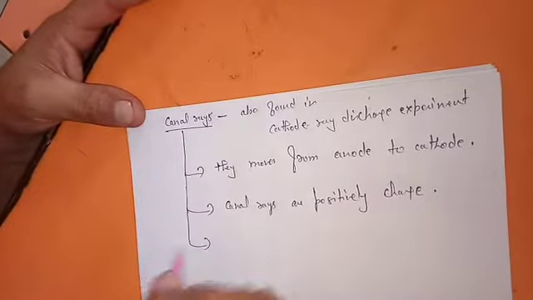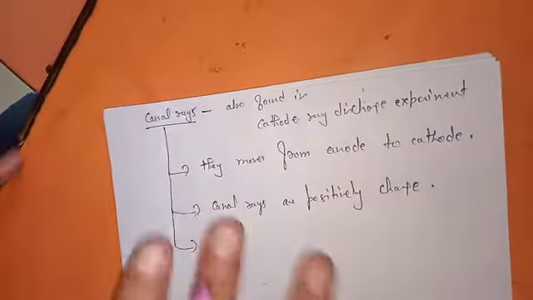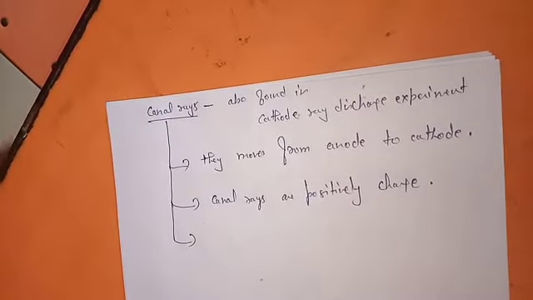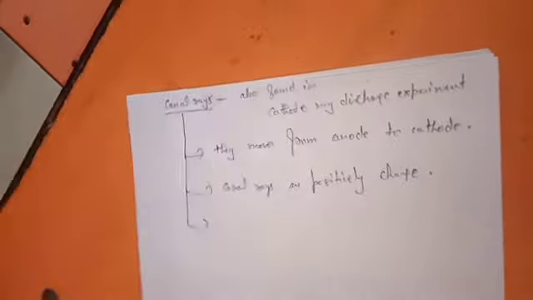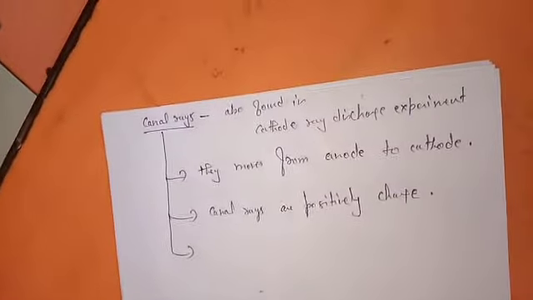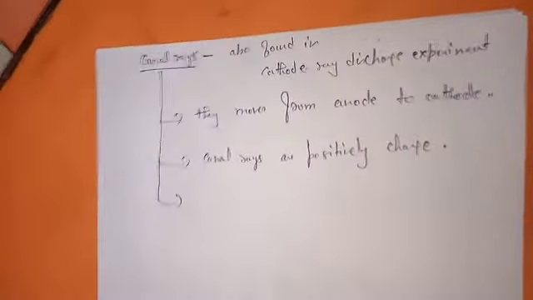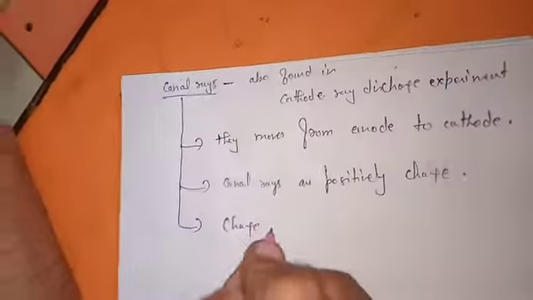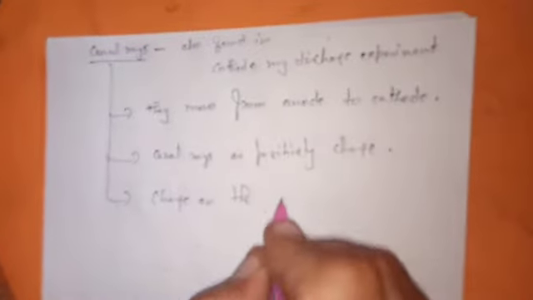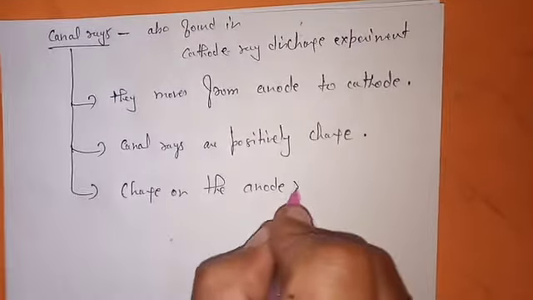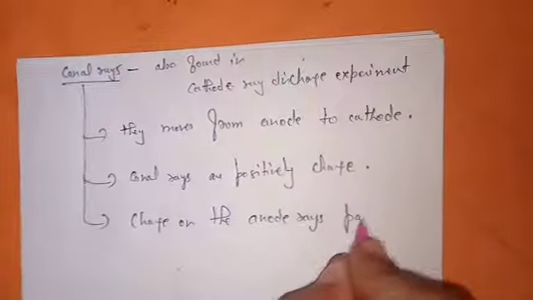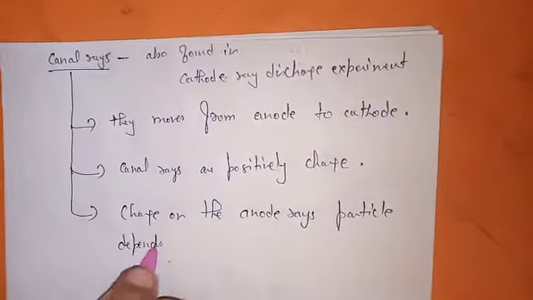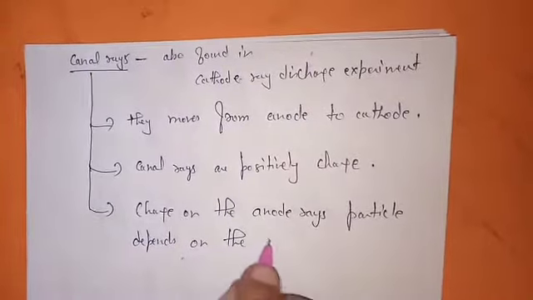And one more thing: it is easy to think that since they are made up of positive charge, of course they will move from anode to cathode. But what is the basic difference between the cathode ray particles and the anode ray particles? The charge on the anode ray particles depends on the gas used.